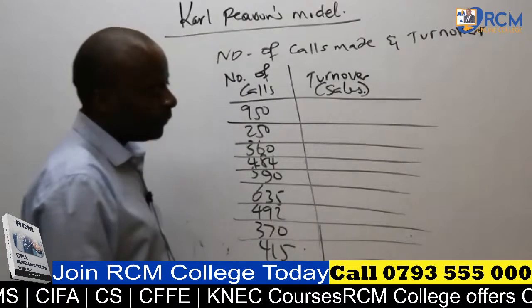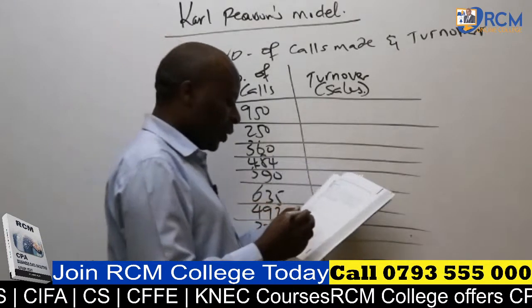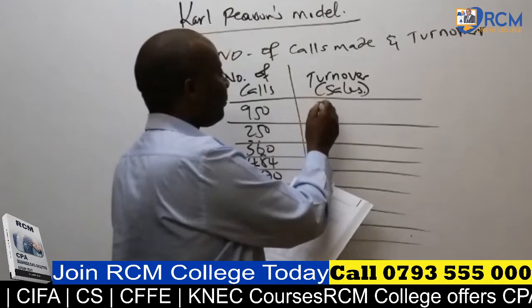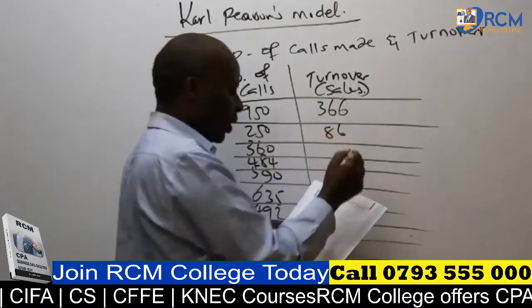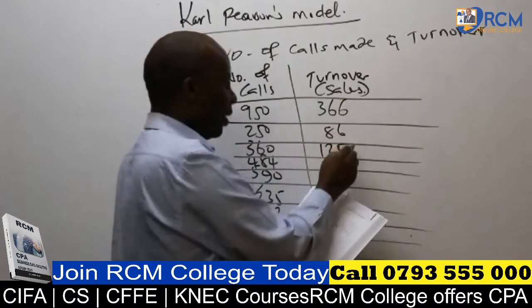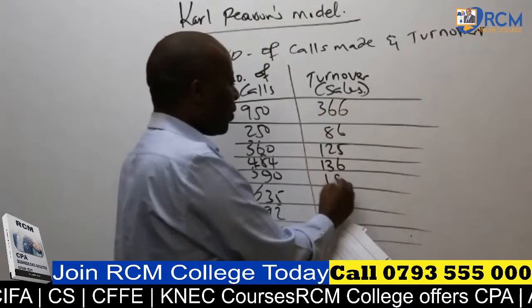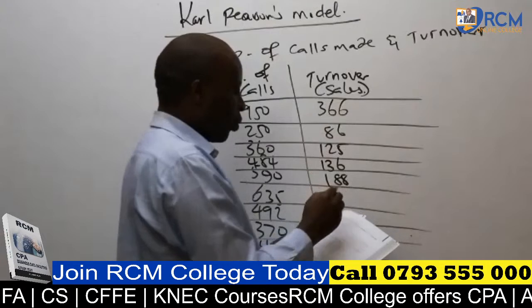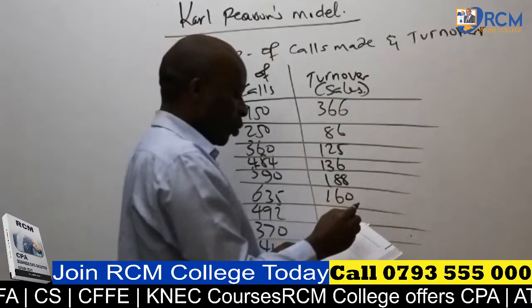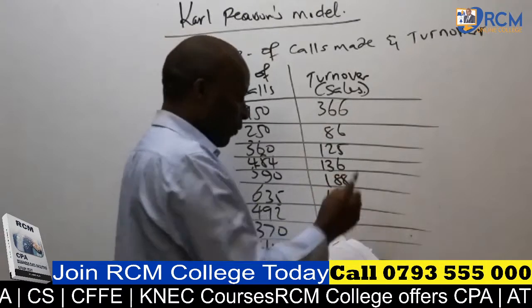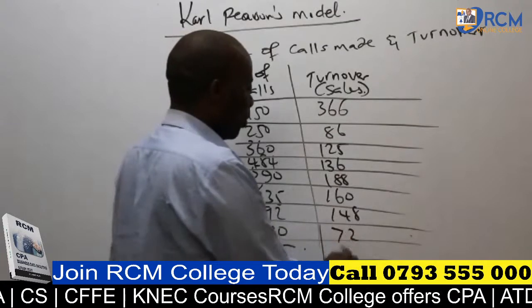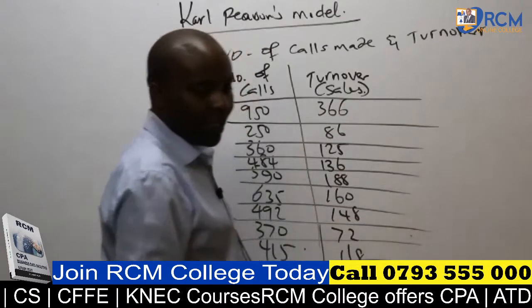So turnover ya kwanza wamenipatia 366. Tuko na 86, tuko na 125, tuko na 136, tuko na 188, tuko na 160, tuko na 148, tuko na 72, and then we have 118.